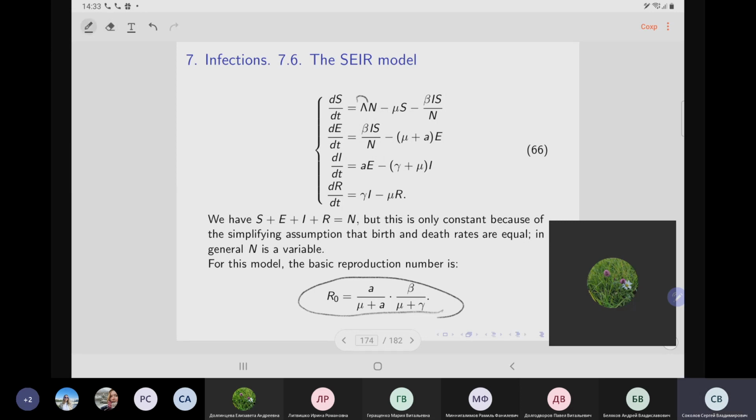There are the coefficients for newborns. It's okay, we can analyze it. Maybe there is some statistics. There is the death rate. Okay, the death rate can also be analyzed with the statistics. But what is beta? How can we find beta? How can we find a? How can we find gamma? All of these coefficients are derived by statistics.